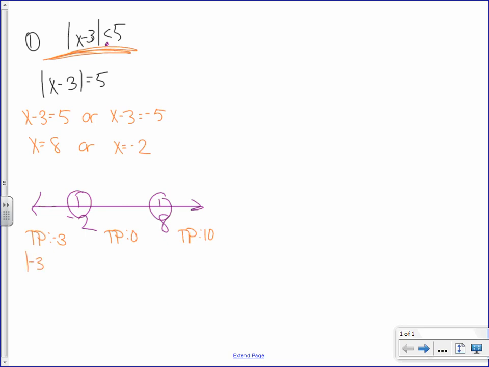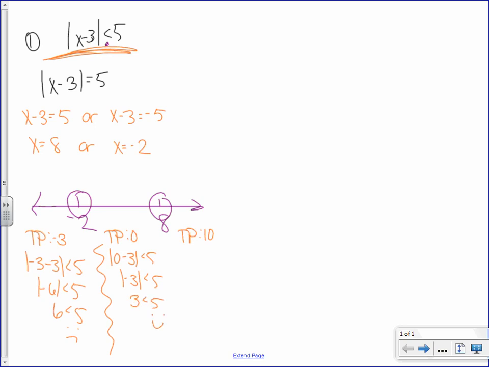So that's going to be negative 3 minus 3. That gives me negative 6. And the absolute value of negative 6 is positive 6. This does not work, so we do not shade there. Now let's test 0. That gives me negative 3 on the inside. The absolute value of negative 3 is positive 3.